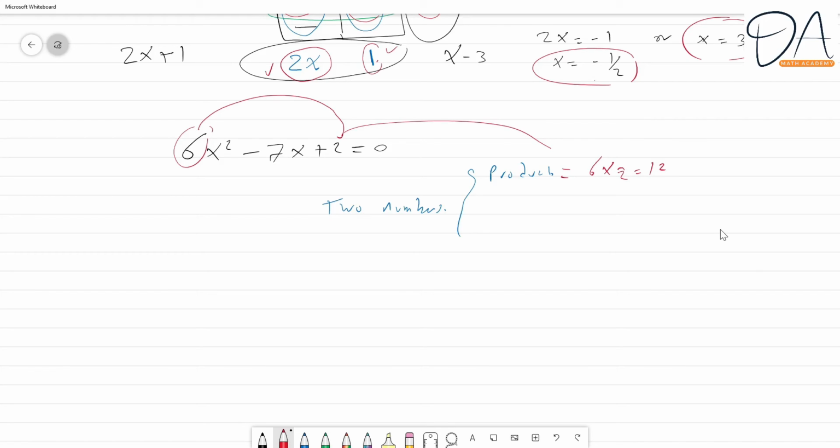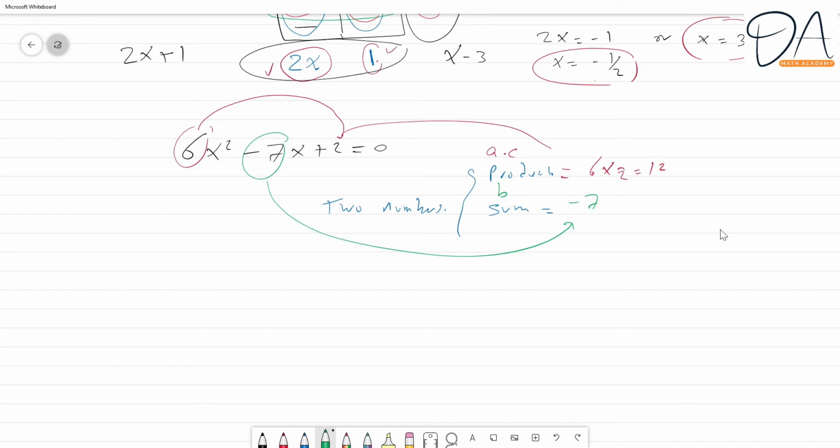So the product is always A times C. We are looking for a product A times C. And then the sum will always be the B coefficient. We can see here that the product is positive. And again, a positive product means that either the two numbers are positive or both of them are negative. Since the sum is negative, both numbers that we should consider are negative.